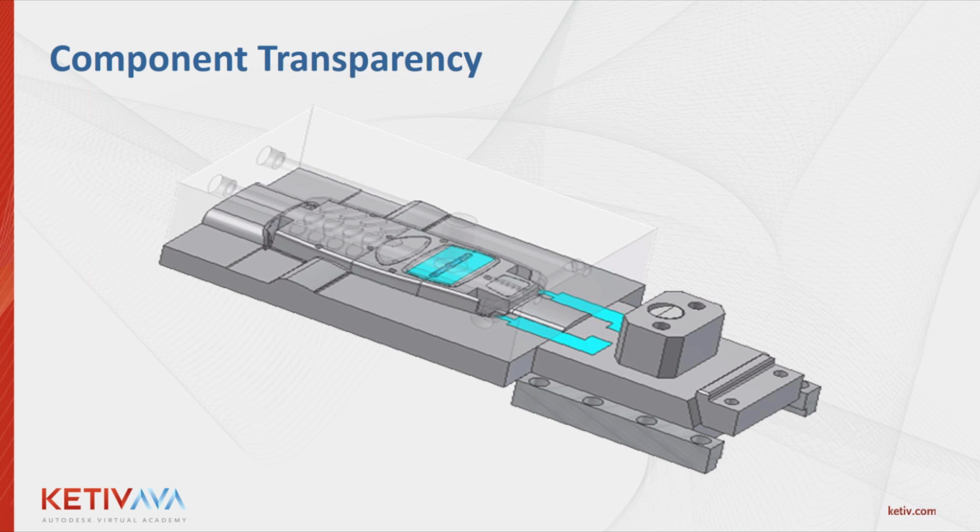And with Component Transparency, you can change the opacity of a part and work with the components that are behind it. This is one of the most wanted features for Inventor that was finally made a reality. You no longer have to suppress a part or do a section view to work with the parts that you want to. This saves time and increases your functionality in the program.